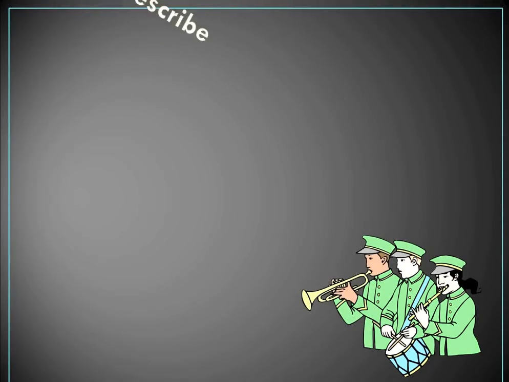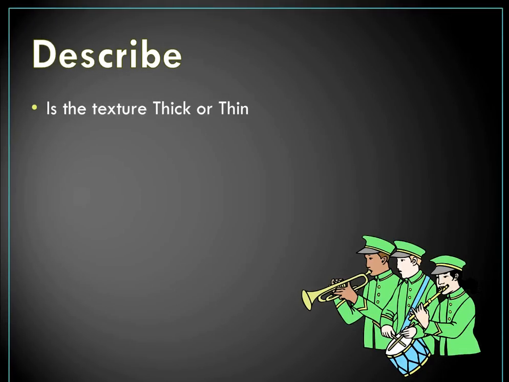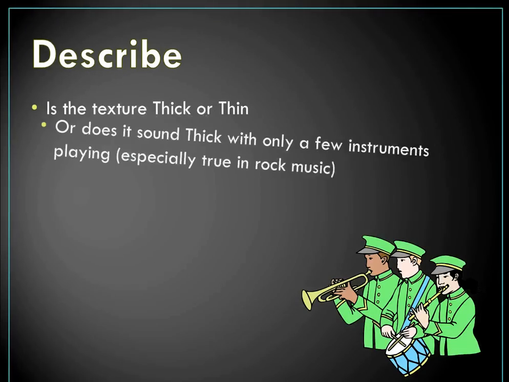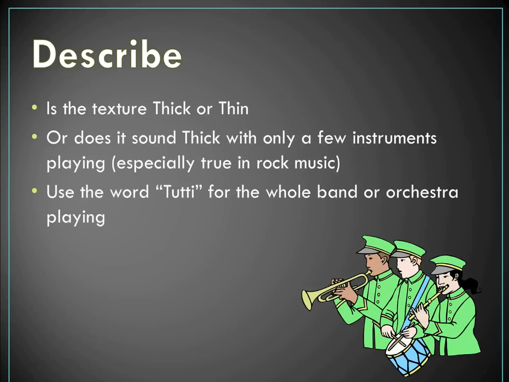Okay, so for describe, you need to listen and describe: is the texture actually thick or thin? Or does it only sound thick with only a few instruments playing? And is there any use of tutti, especially if there's an orchestra or a big band playing?